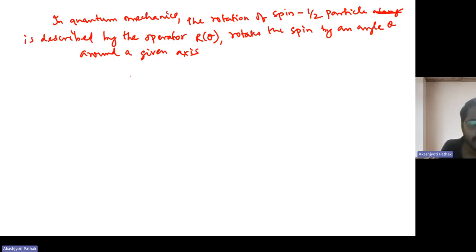Okay, so the general form of this notation R theta about an axis. What is the notation?